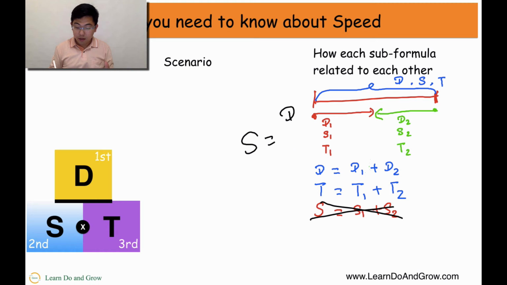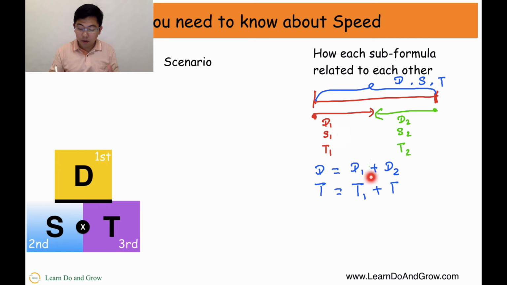Okay? That is one way to know all these sub-formulas relate to each other. From here, later on during the example, you will know why I show you this and how it is so useful that it will help you to solve any questions.